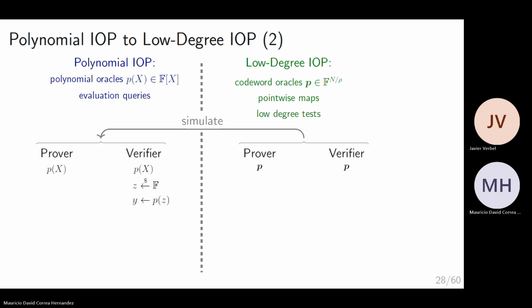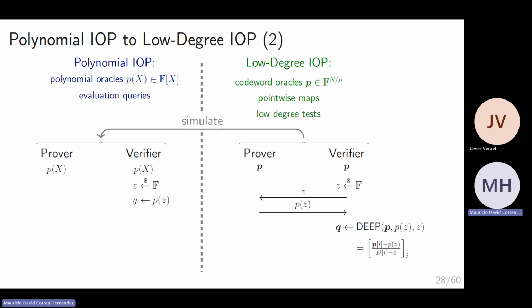Okay. So let's have another try to compile polynomial IOPs into low-degree IOPs. Here's what we can do. After picking the out-of-domain point Z, the verifier sends Z to the prover, and the prover responds with the value of the polynomial in that point.